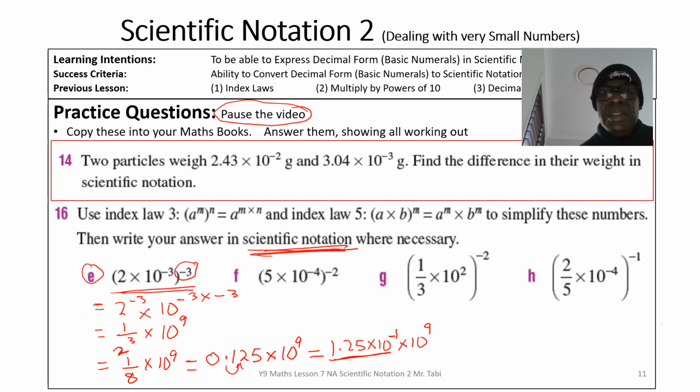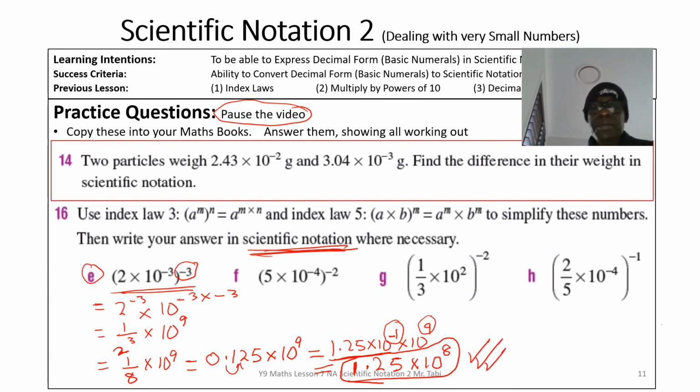This part here is still the 0.125. But this allows me to combine those powers, and so this is 1.25 times 10 to the power of 8. 9 minus 1 is 8. So this is my final answer. That's the final answer for question E. So follow this process and try and do the rest, applying the index laws. Thank you very much.